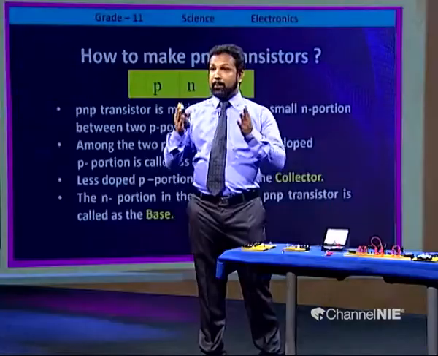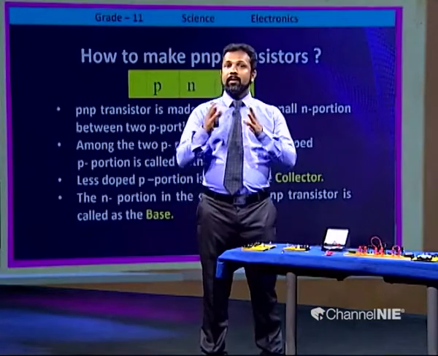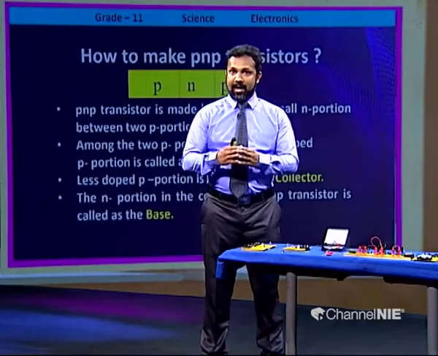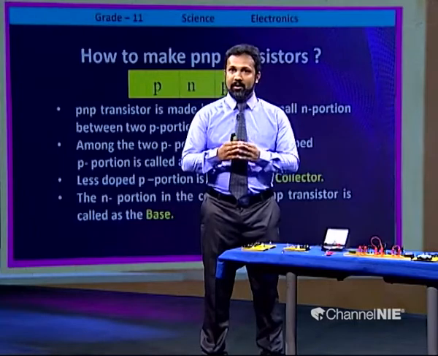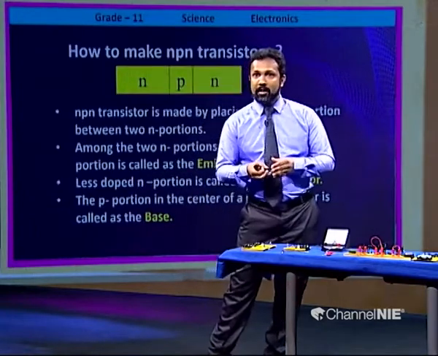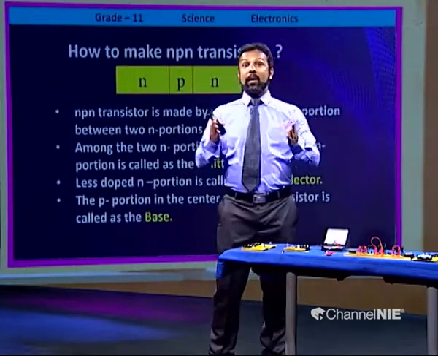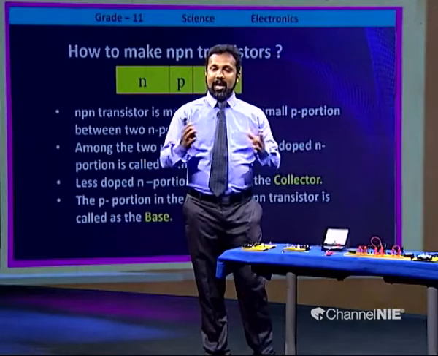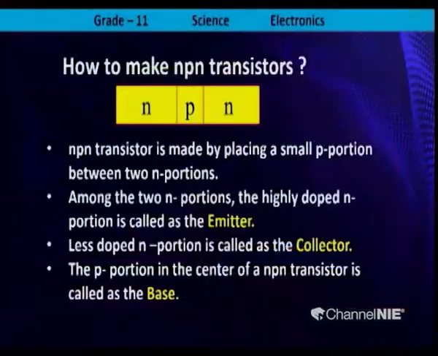Right. In Pnp transistor, n portion acts as the base. Right. Let's focus our attention on the Npn transistor. As you can see, Npn transistor is made by placing a small p portion between two n portions.